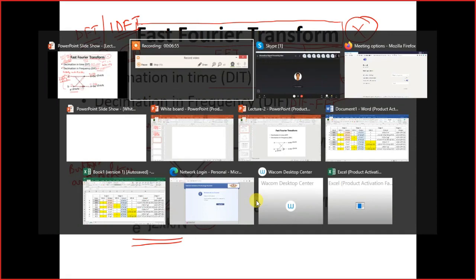Let me draw it in a clear manner. Now in this you get the topmost part. Here there is a multiplier of minus 1.